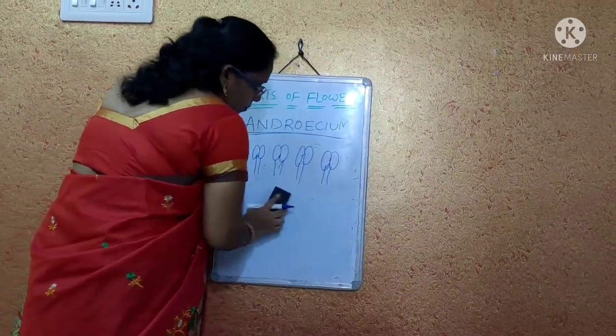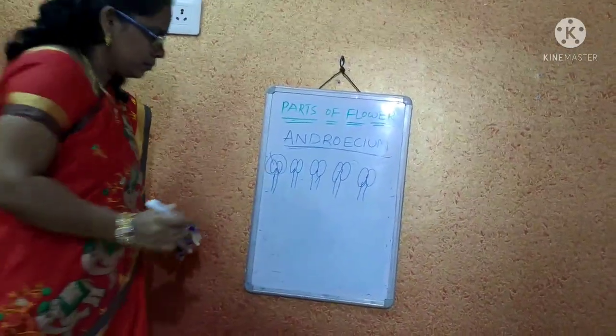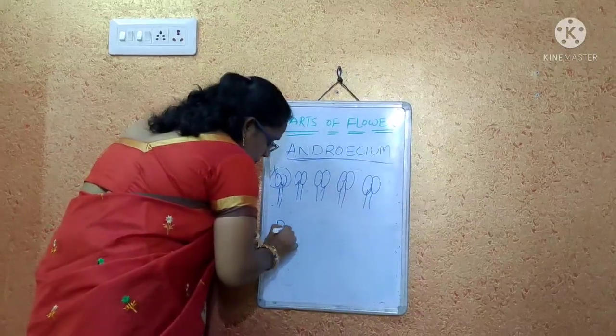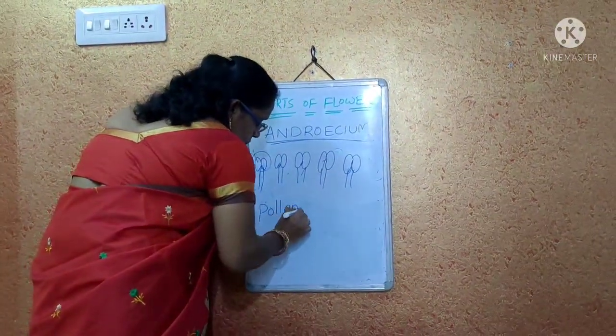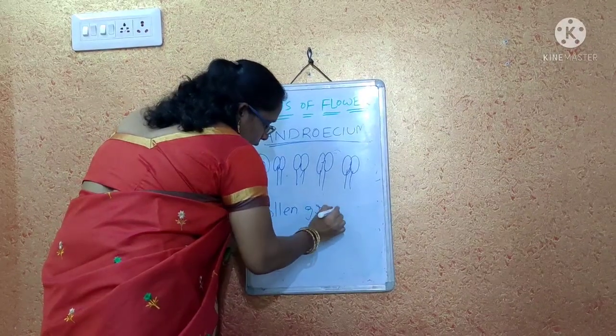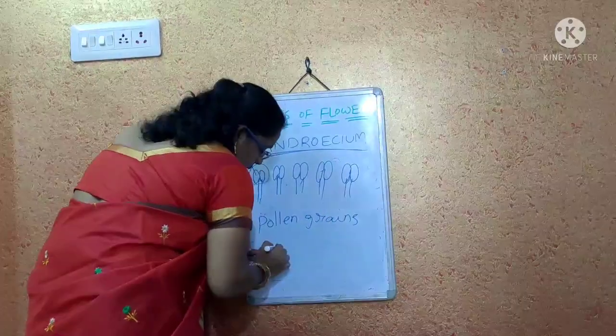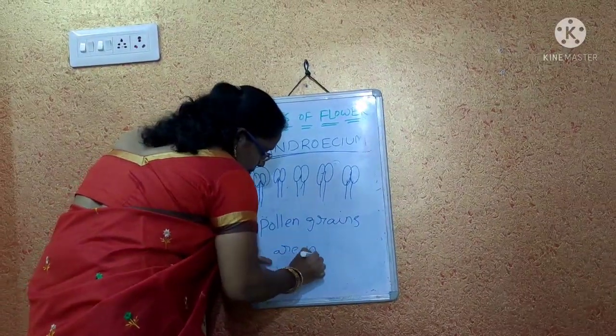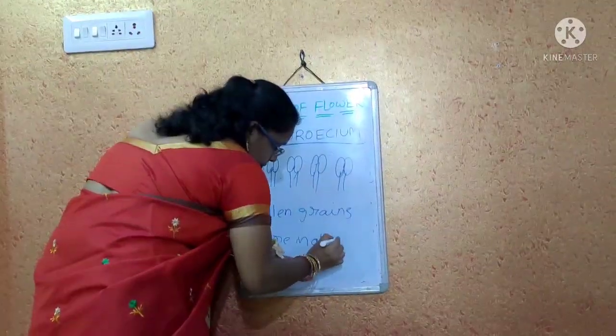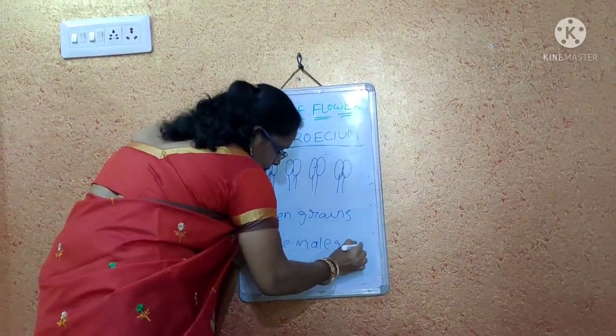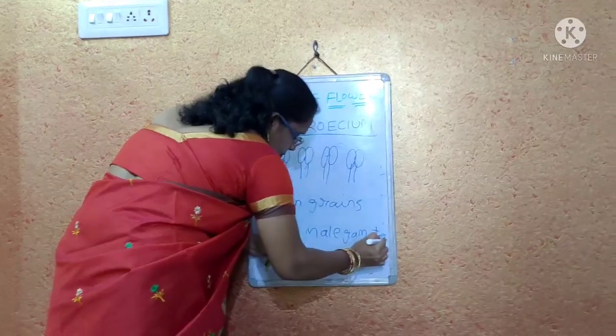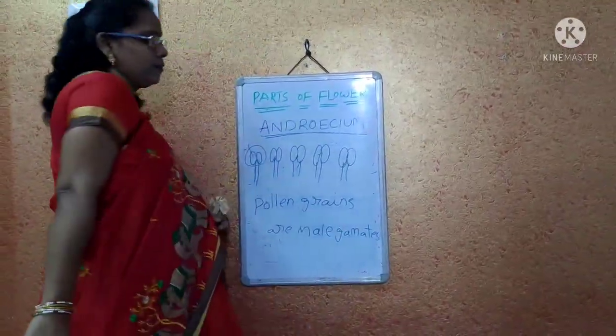Pollen grains are male gametes. Write down, children.